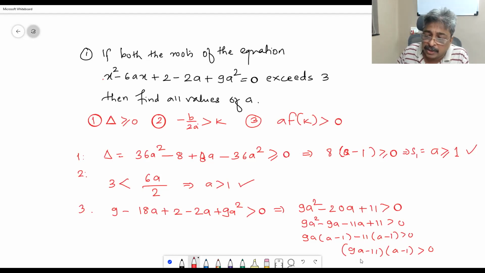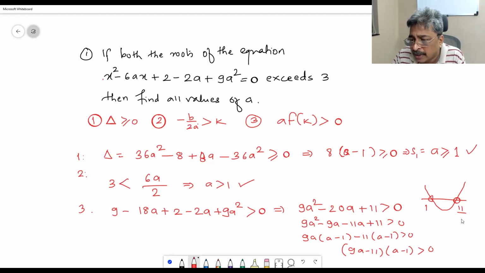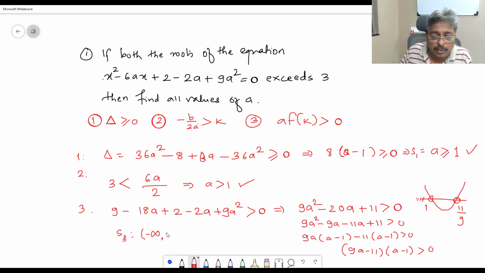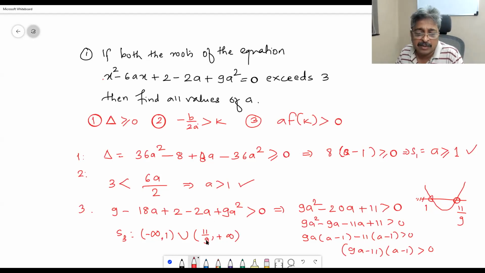Leading coefficient is positive, therefore the graph is like this, with hollow circles. Now you will realize that this is 1 and this is 11 by 9. So solution set number 3, S3, is minus infinity to 1 union 11 by 9 to plus infinity.